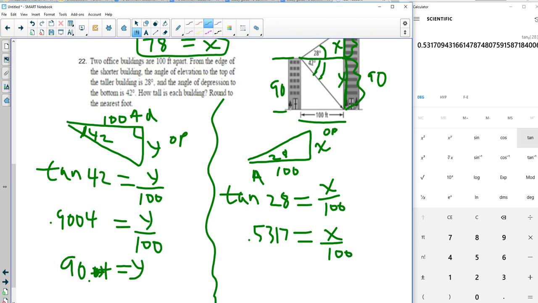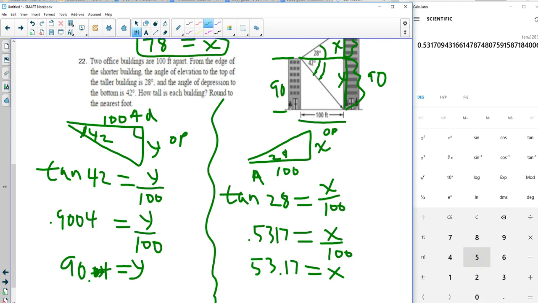In this case, x is in the numerator, so we multiply straight across. We move the decimal point over two places. You should get 53.17 is equal to x.